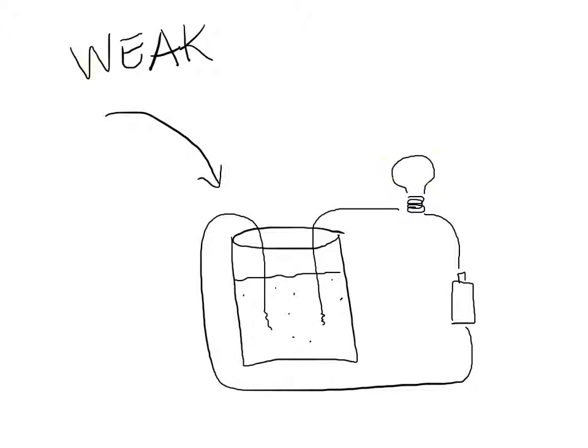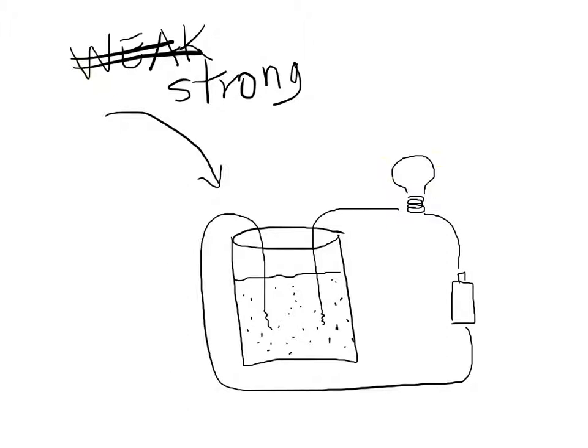Remember, if it is strong, you will have a lot of electrolytes in here, and this water will become a very good conductor with strong acids or strong bases. And this is going to be very strongly illuminated here, okay? Because you have a strong acid or a strong base inside of that solution. I hope this review helps.